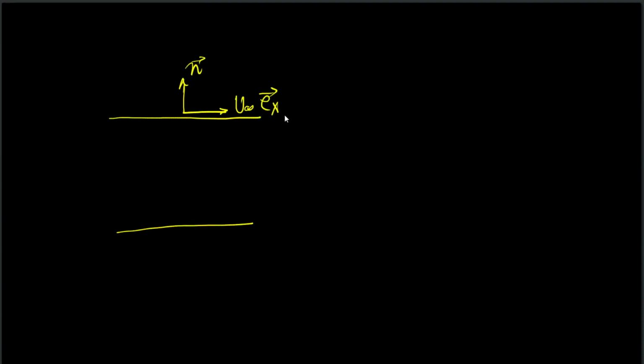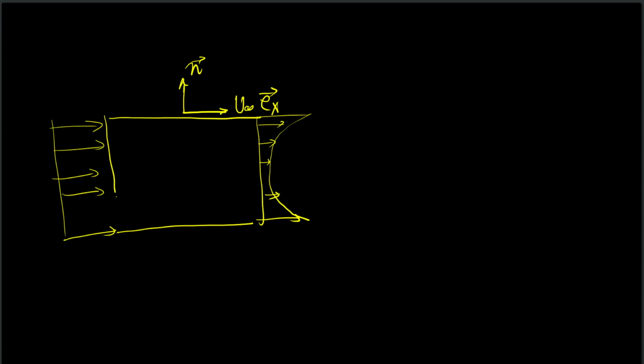This profile is something like this. The profile over here is something like this, and it is like a deficit in the incoming velocity. Whatever deficit is coming in, you are trying to find it out.